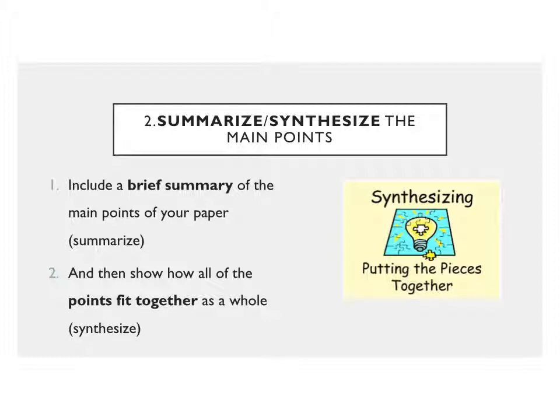Go back through your introduction or your rough draft and look at each main point that you made, and see if you can rephrase and break down each paragraph and summarize what this paragraph was about, what this one idea was, and briefly summarize that in your conclusion. It's a reminder to your reader of the points that we talked about, because by the time they get to the end of your paper, they may have forgotten your first point or not realized how that first point really fit into the rest of the paper.